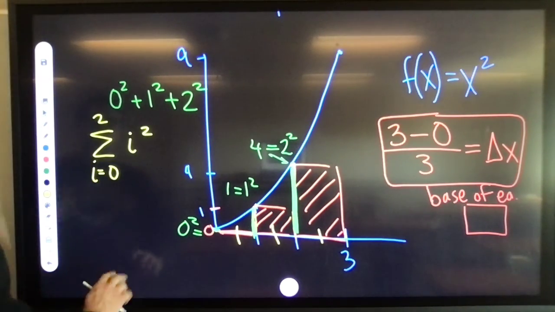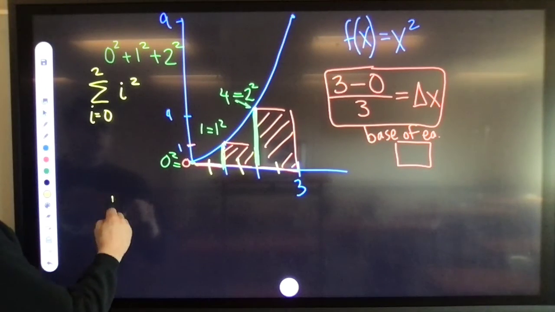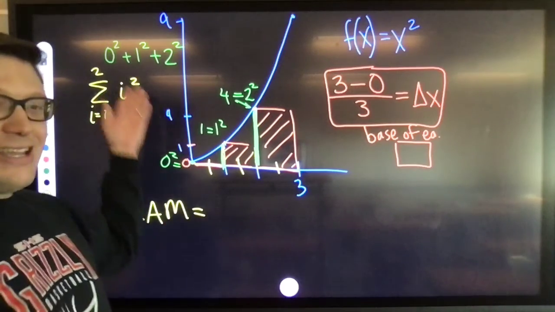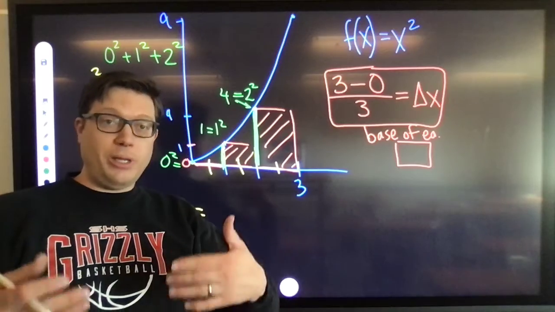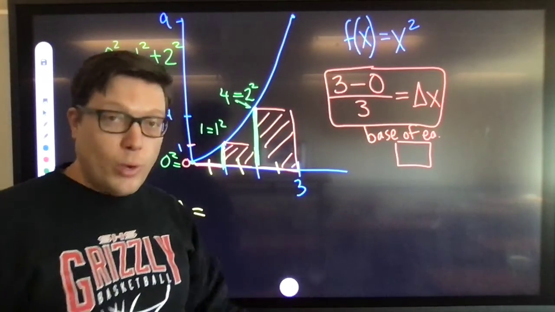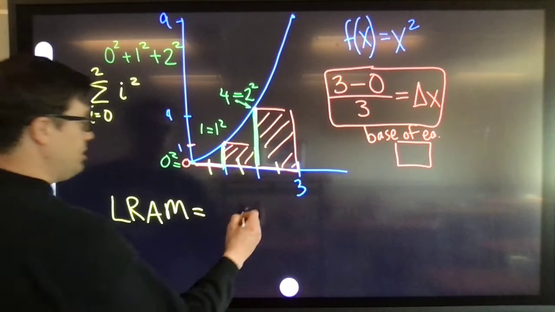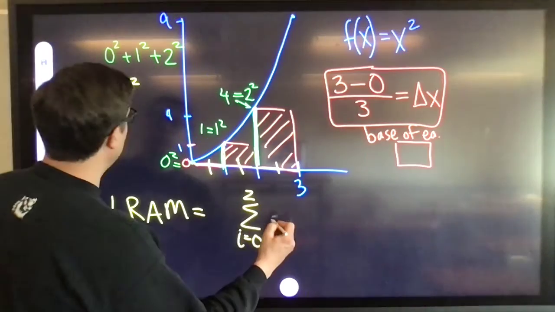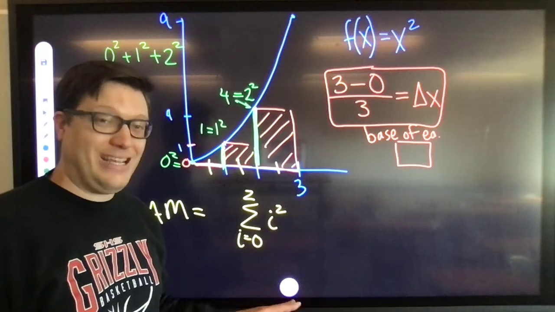To find our approximate area under the curve, our left Riemann approximate area under the curve, given the information that we have, the area under the curve would be base times height of whatever rectangles there are with the curve. So I'm going to use this notation, the sum from i equals 0 to 2 of i squared. That's adding up all of our heights.